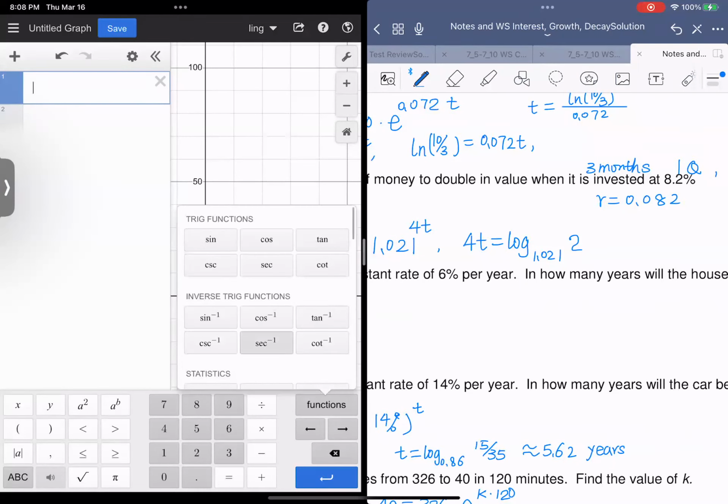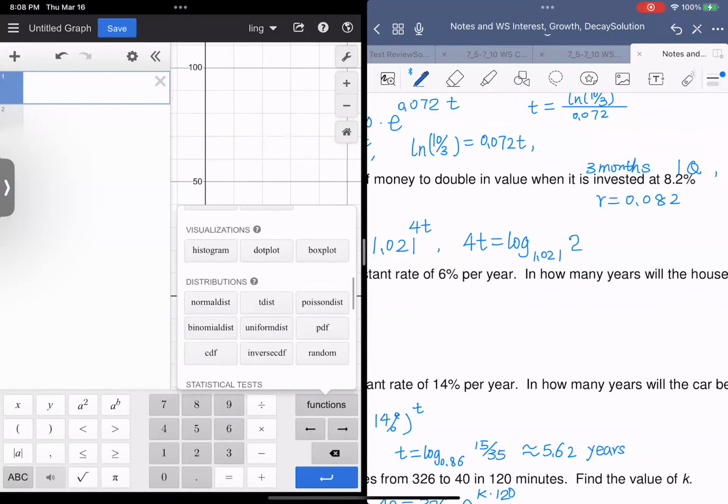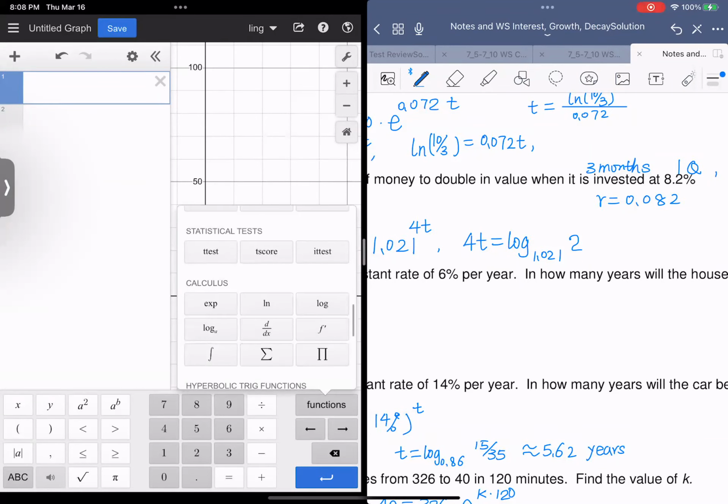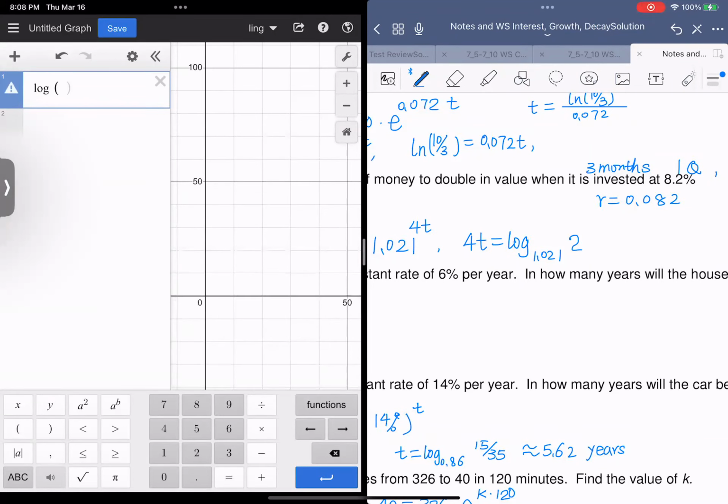You put a log base 1.021 of the 2, and then you divide by 4. So this is about 8.33 years, right?